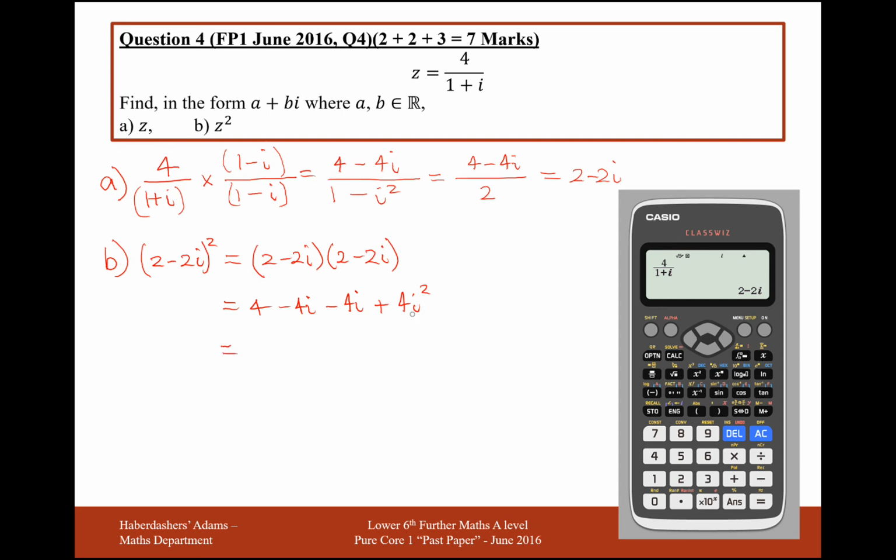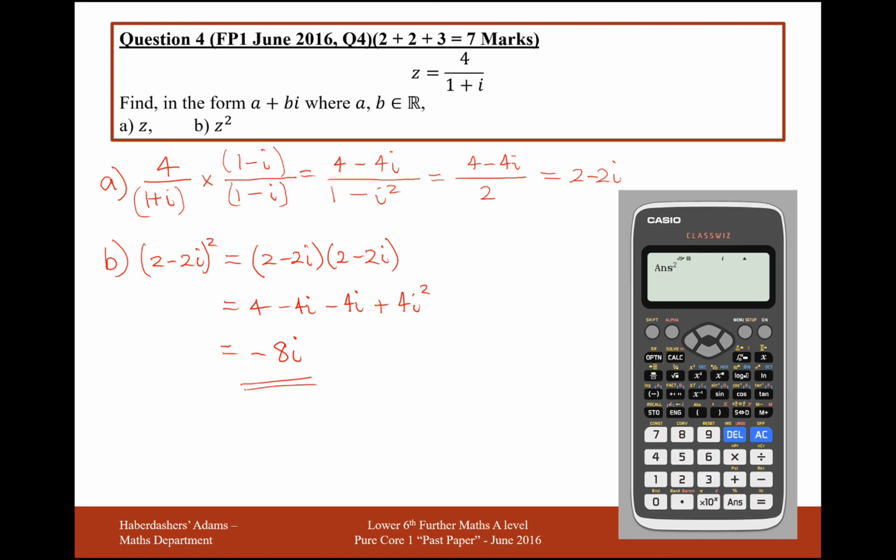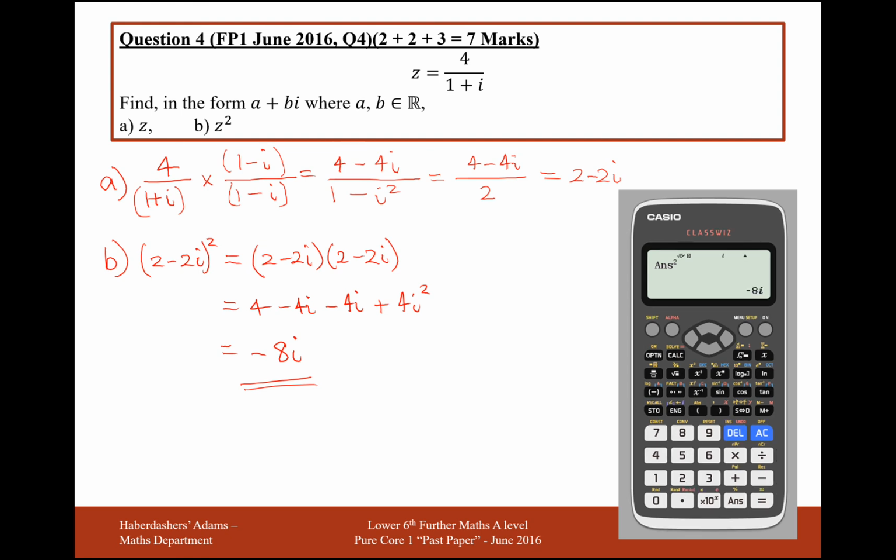So i squared will simplify to minus 1, so that's actually a minus 4, which will cancel out with the 4 at the front. So this on its own will just be minus 8i with no real parts in there. What we can do on the calculator is press the answer button squared and press enter, and we get our answer of minus 8i.